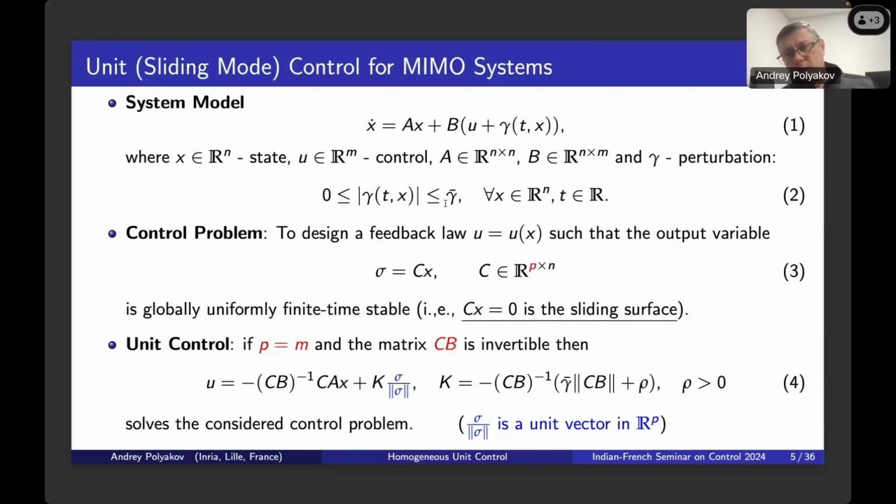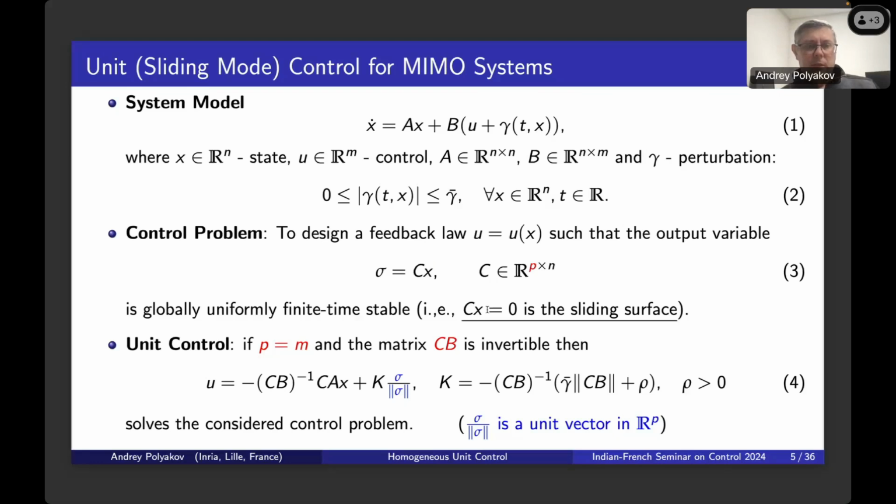So the usual goal for the sliding mode control design is to select some feedback which guarantees that some output will be globally uniformly finite time stable. In modern language, this means that if we select, for example, a linear surface Cx equals 0, our controller should guarantee that this surface will be reached in finite time, and next all trajectories will slide on this surface.